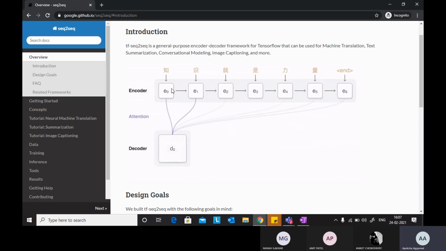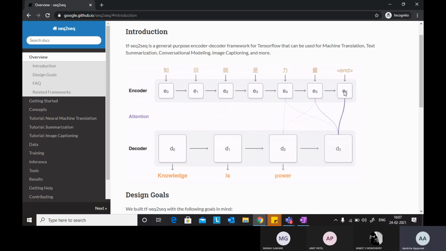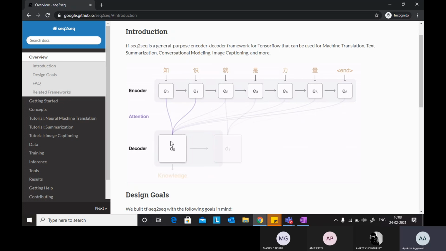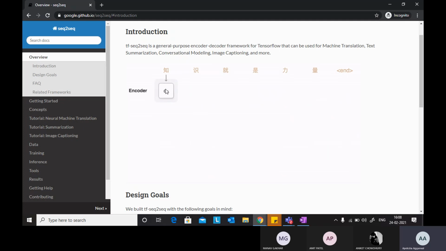So as we go on, recent words will get more attention, or not attention, we can say more weight in the intermediate representation this whole encoder sequence is generating. The most recent word will have more weightage than whatever comes very early in the sequence.